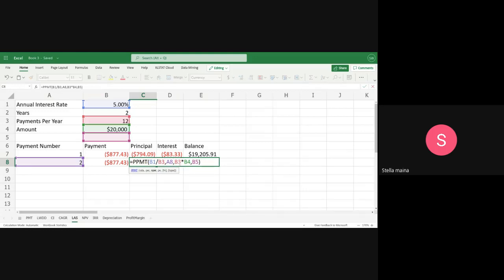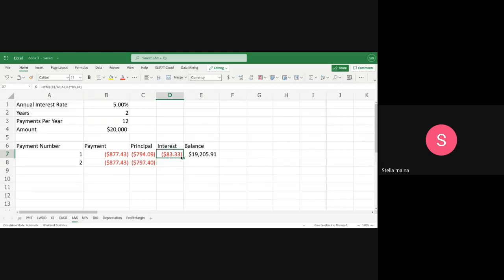And then this is still going to be years, which is B2. This is going to be payment per year, which is B3, and then the amount B4.